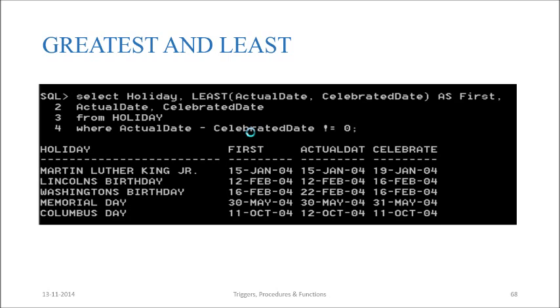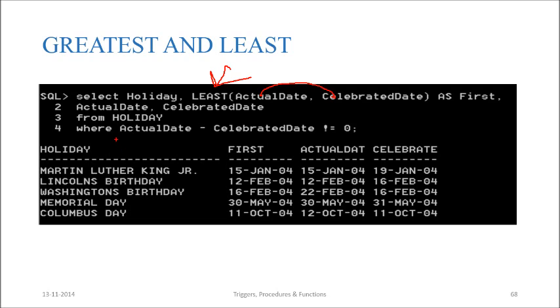Then greatest and least values. Here 2 dates are considered, actual date and celebrated date, and among them whichever is the least is selected with the help of the LEAST date operation.